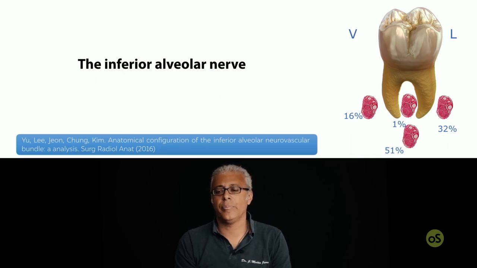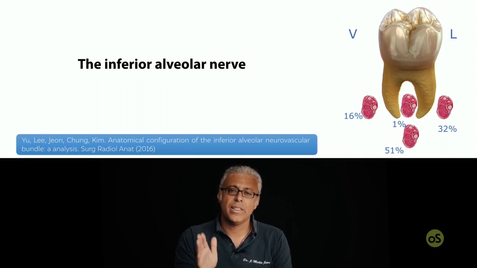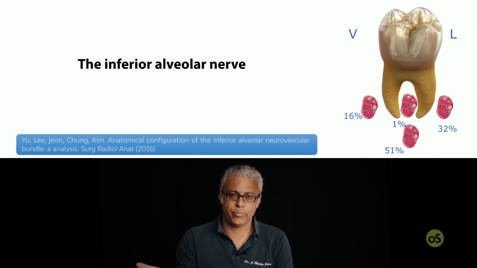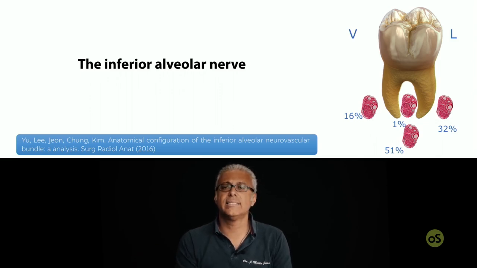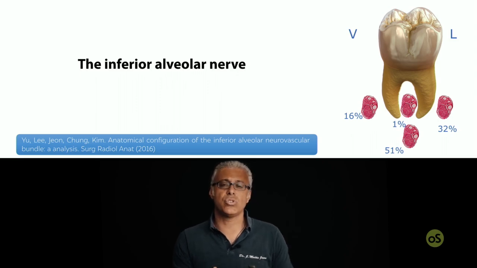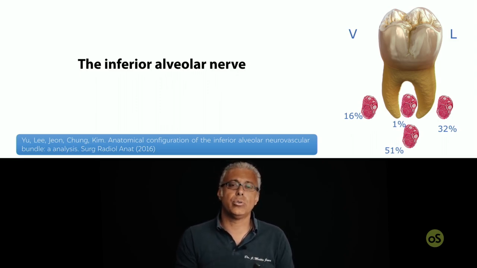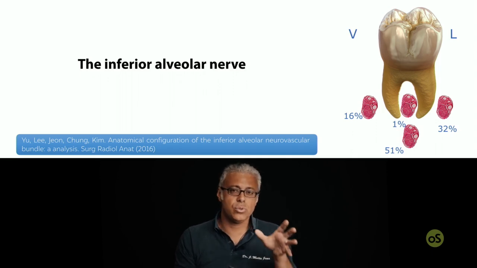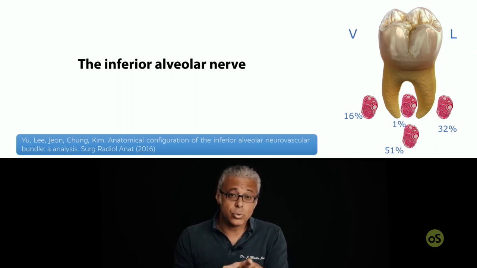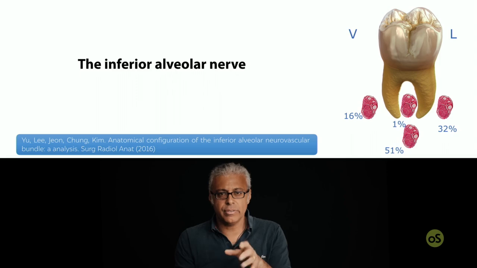In 32% the nerve is going to be on the lingual aspect of the tooth. And this is another good piece of information because we know that if we use the buccal or vestibular approach, we're going to find the soft tissue, the bone, the tooth, and then the nerve.